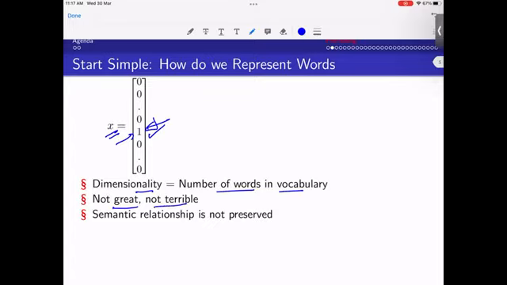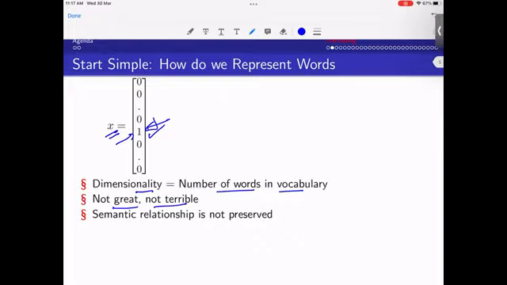Now, why may it not be so useful? It is useful, but what it does not offer is that some words may be synonymous, but in terms of this representation they are very different. They are no different than some word which is not synonymous with it.